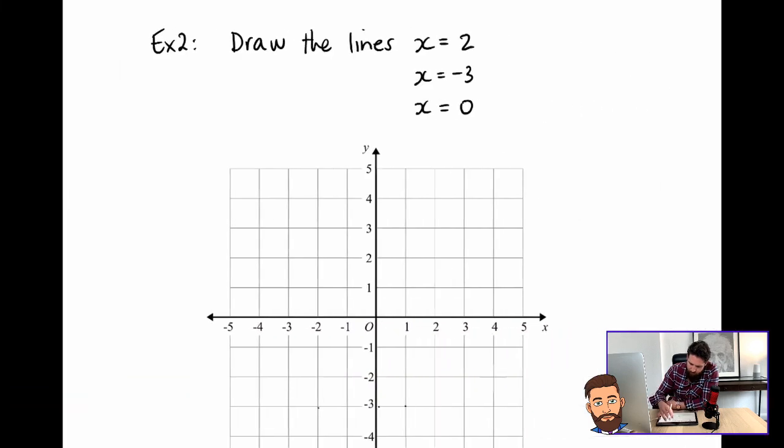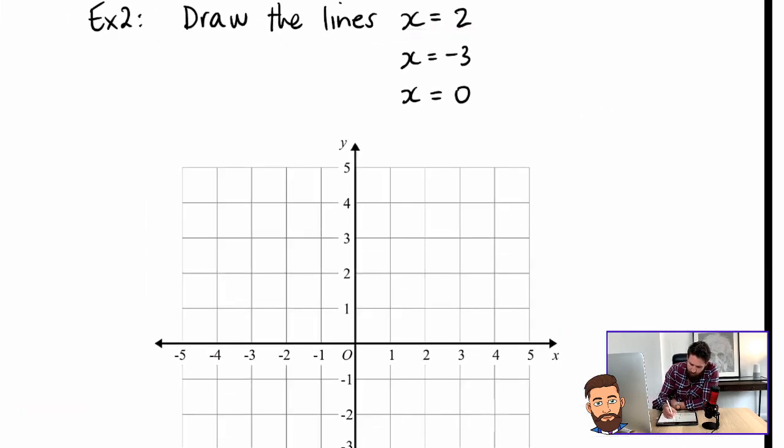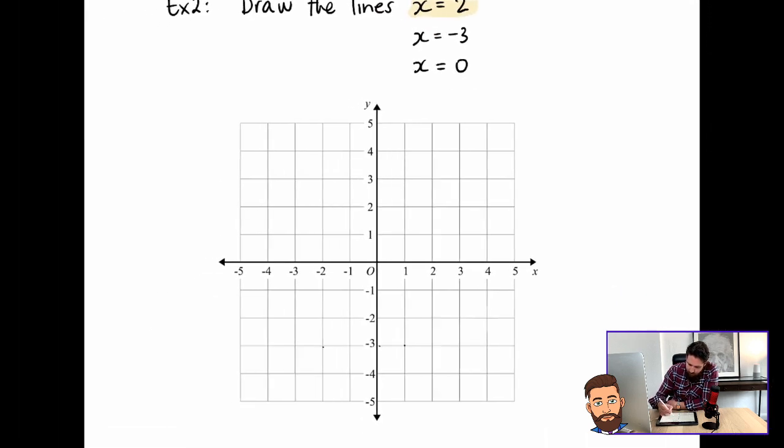So, using that logic, x equals 2 must be a line that has an x value of 2 for every y value, which means it must be a line that goes directly through the x-axis when x is 2. So that will simply be a line that goes straight through x equals 2. And it's as easy as that. Once you understand what x equals 2, x equals 1, x equals 3 means, they're very, very easy to draw.